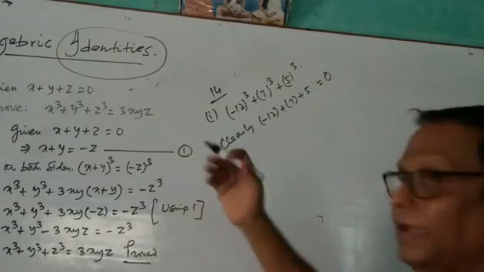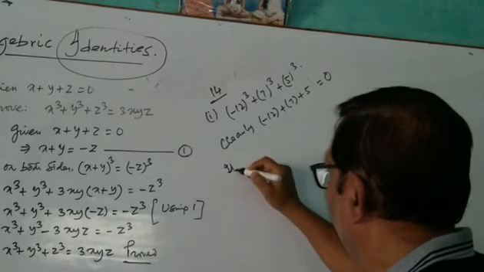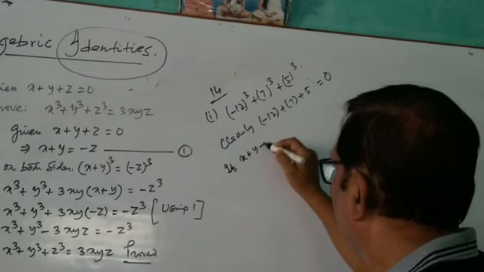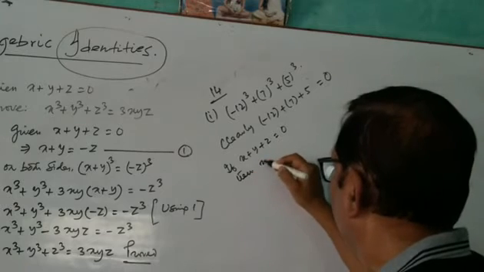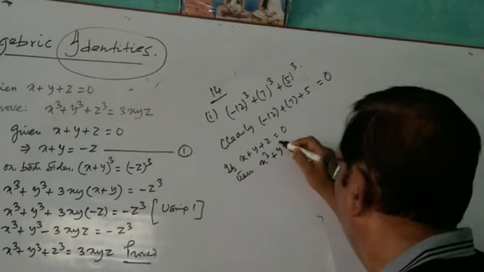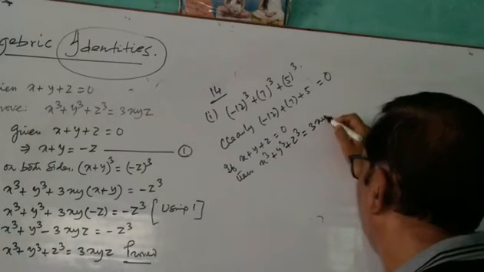So if x + y + z equals 0, then x³ + y³ + z³ will be 3xyz.